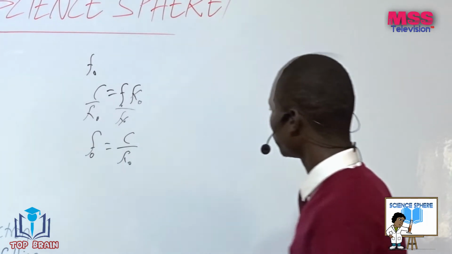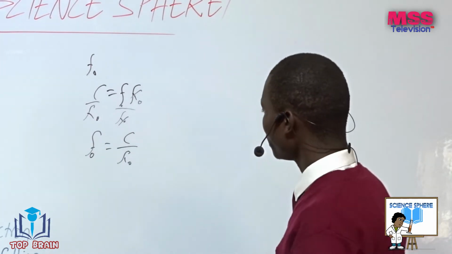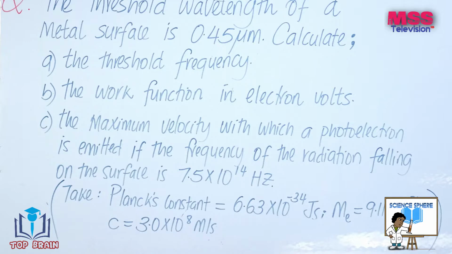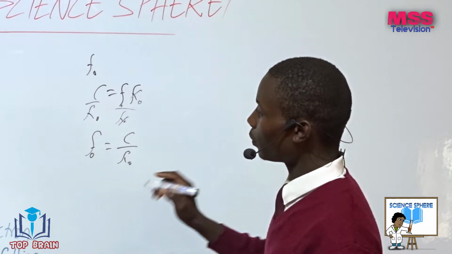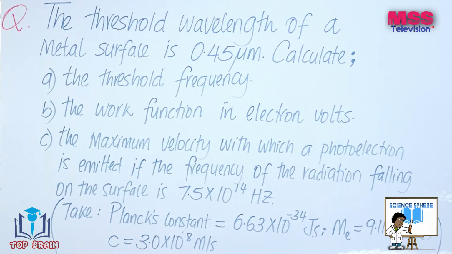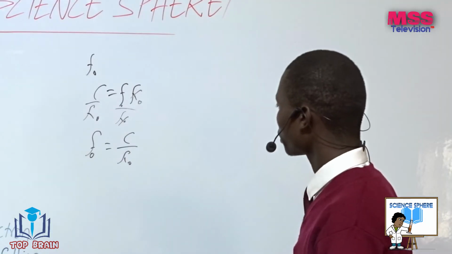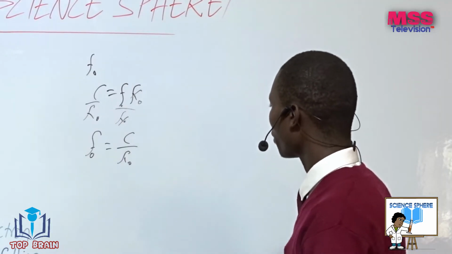Now we have C as 3.0 times 10 raised to power 8 meters per second, and we've been given the wavelength as 0.45 micrometers. So we are just going to substitute in our formula.